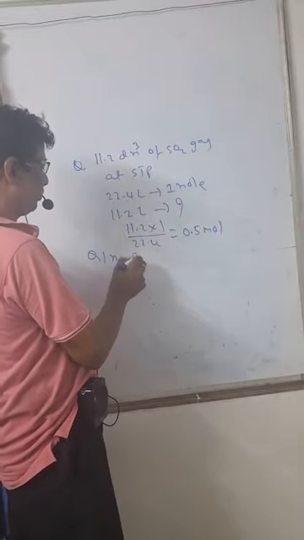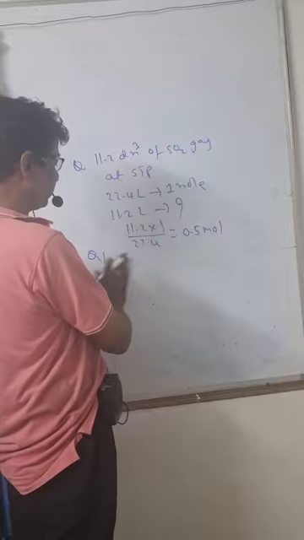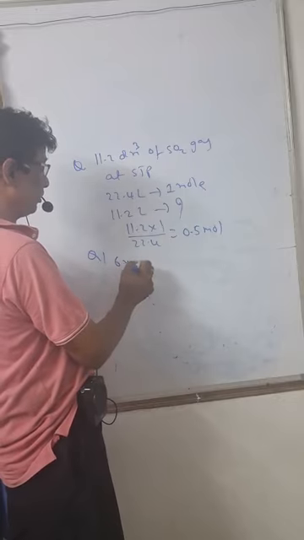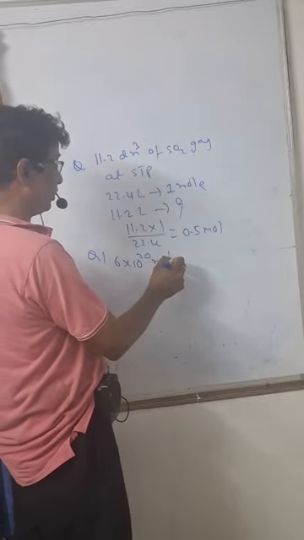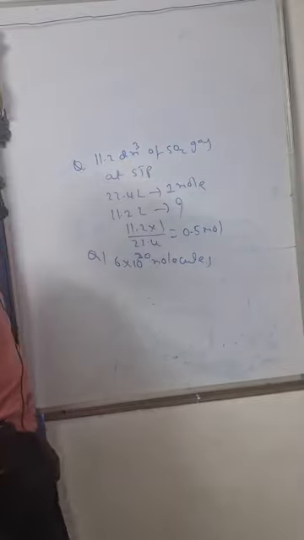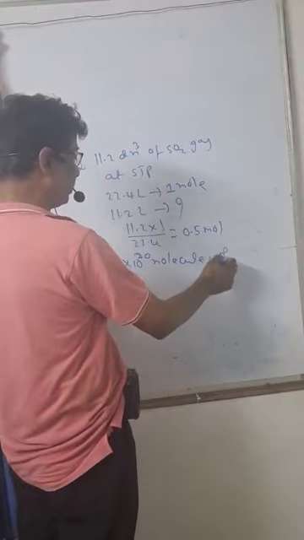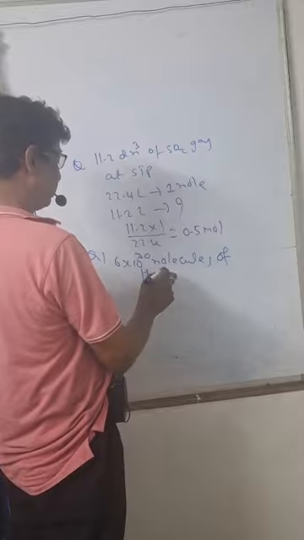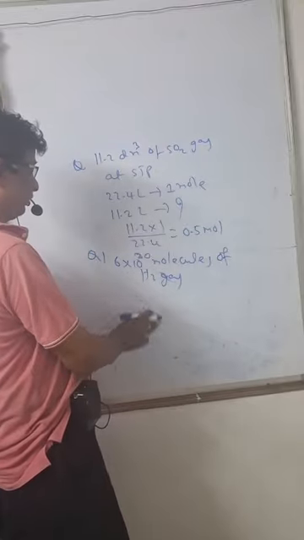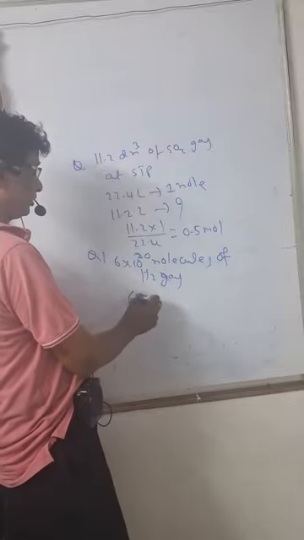Next one, number of molecules into moles. For example, you take 6 into 10 to the power of 20 molecules of hydrogen gas. Now Avogadro number is equal to how much?